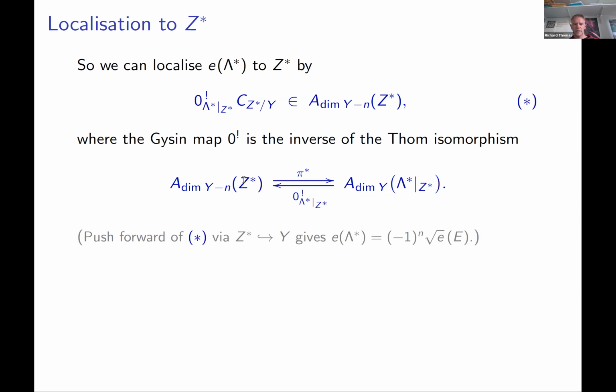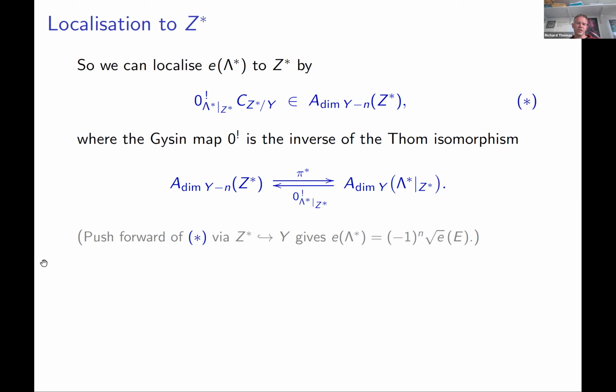Chow of Z dual by pullback is the same as Chow in higher degree of this vector bundle over Z dual, and I'm just taking the inverse, which is intersection with the zero section. That gives me a class in Chow of the zeros of S dual, which is smaller than Y, so that's good. I've localized it partially, but not enough. I want to localize all the way to the zeros of S.